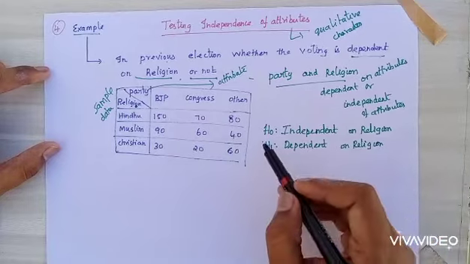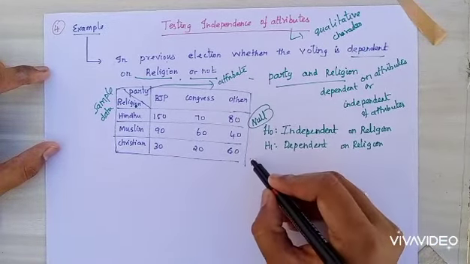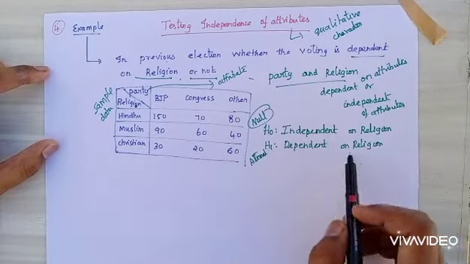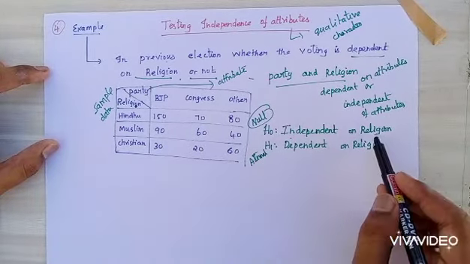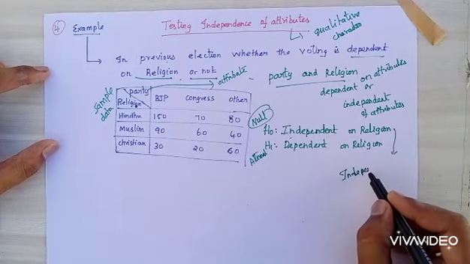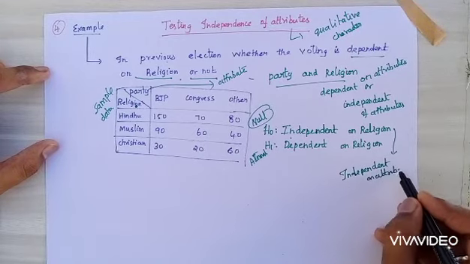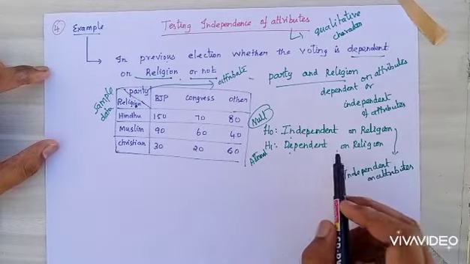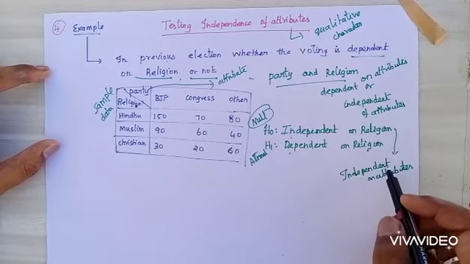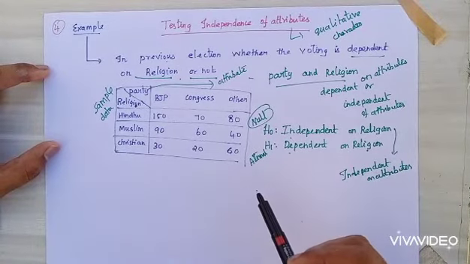So this is the null hypothesis and this is the alternate hypothesis. First we will frame a hypothesis, that is independent on religion, or we can say independence of attributes, versus dependent on religion. So we are testing this criteria by using the chi-square test.